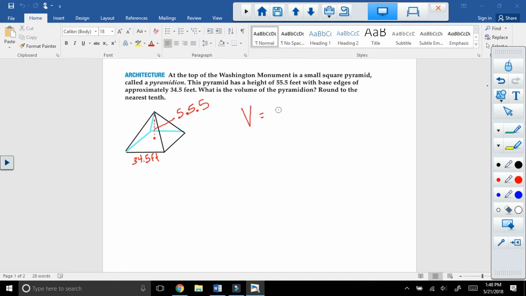So the volume of this would be 1/3 the area of the base times the height. The area of the base is going to be the area of that square. So that's 34.5 squared.